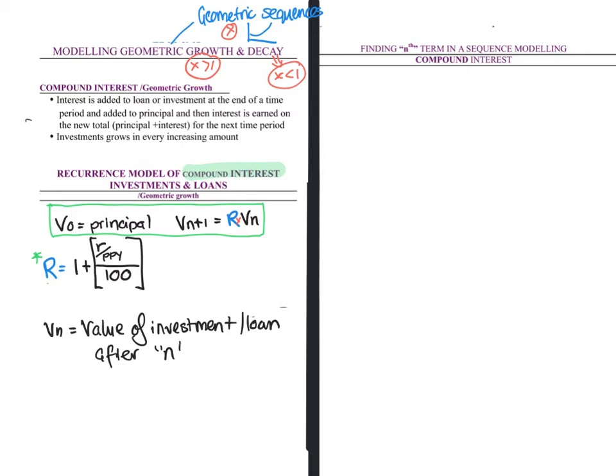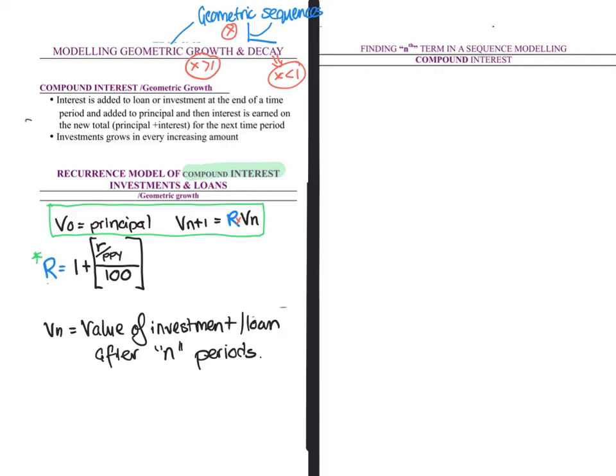So remember, n periods could be monthly, it could be fortnightly. So if it's weekly, what would PPY be? 52, excellent. All right, so that's the recurrence relation or formula. So if we're asked to write it out in that format, you'll be told recurrence relation, and you've got to write that.